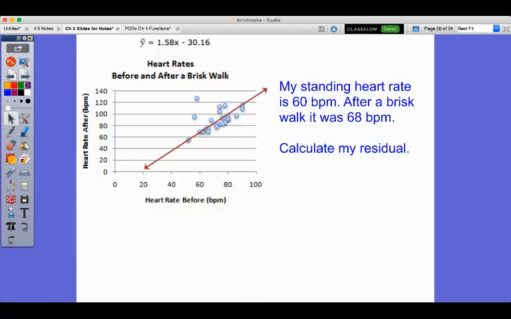So let's try an example real quick. Heart rate before and after a brisk walk. This is the least squares regression line equation that we're going to use. And we're told my standing heart rate, this is my standing heart rate before a long walk when I'm just normal.